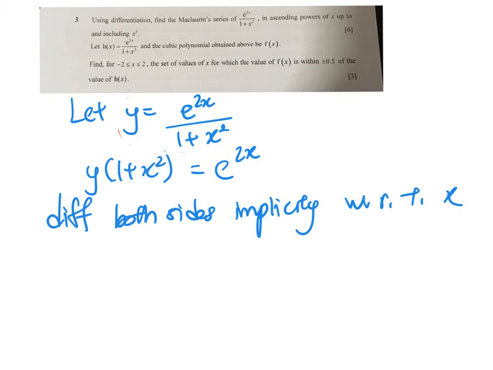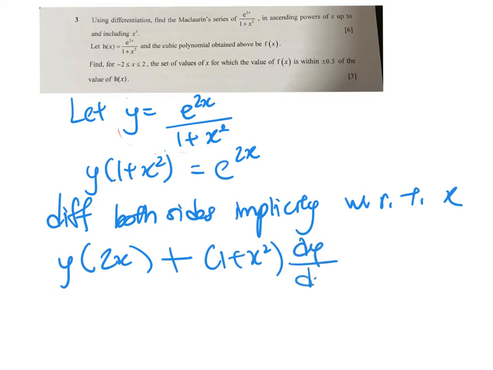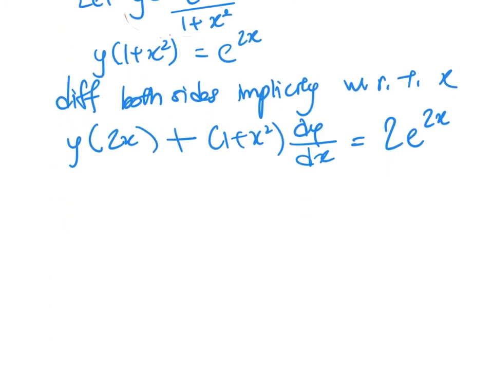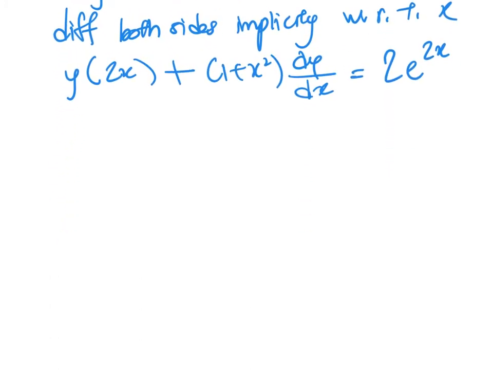Okay, so using chain rule on the left hand side, you're going to keep y, differentiate this expression 1 plus x squared, get 2x, and then keep 1 plus x squared and differentiate y, so you get dy dx. Of course, if you differentiate the left hand side, you must differentiate the right hand side as well. So you get 2e power 2x.